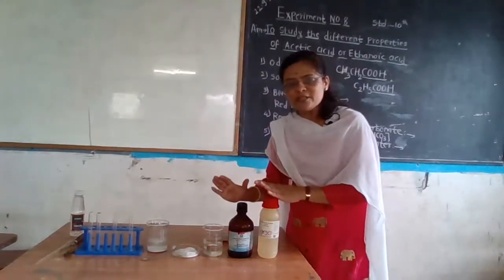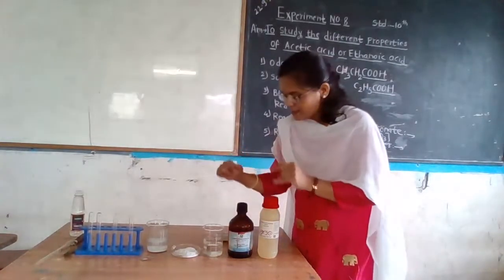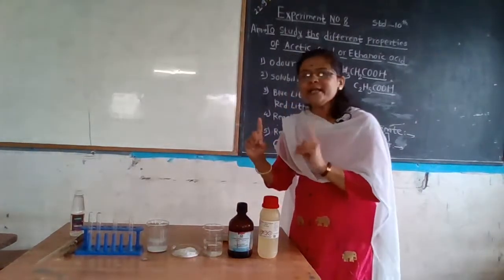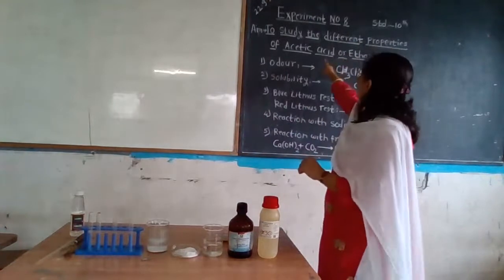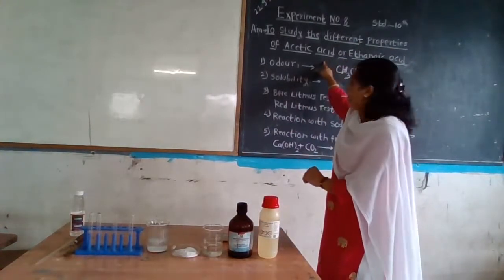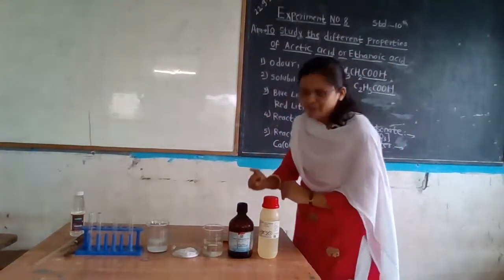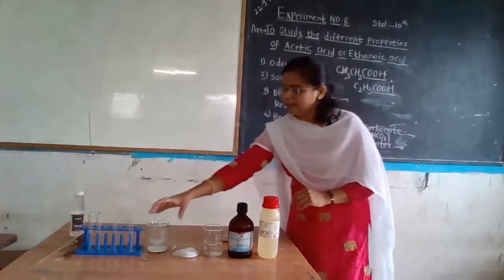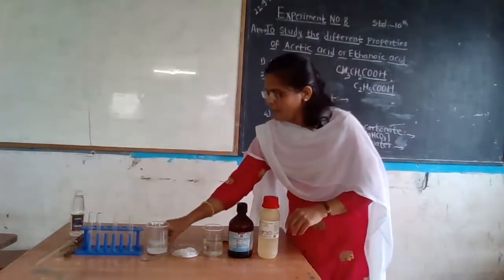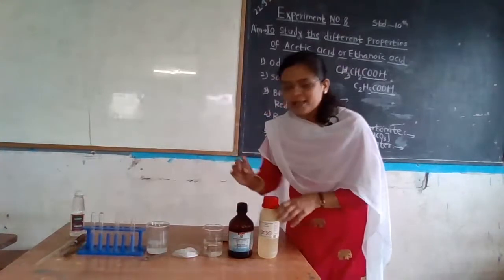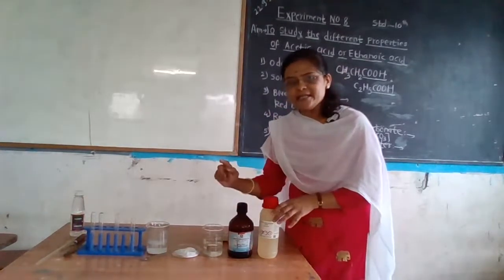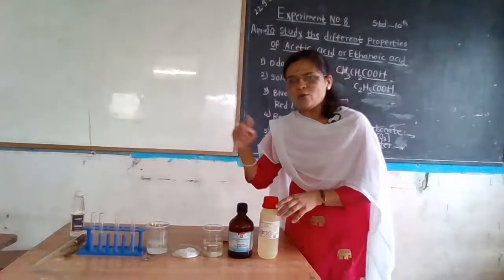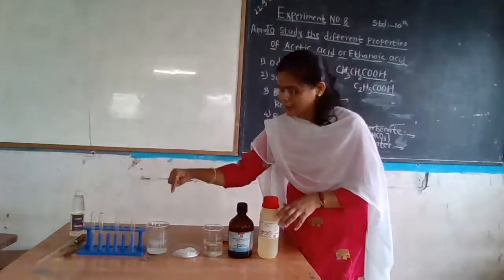I am going to demonstrate an experiment to study the different properties of acetic acid, or ethanoic acid. Students, first of all, we are going to learn what the chemicals and requirements of this experiment are.